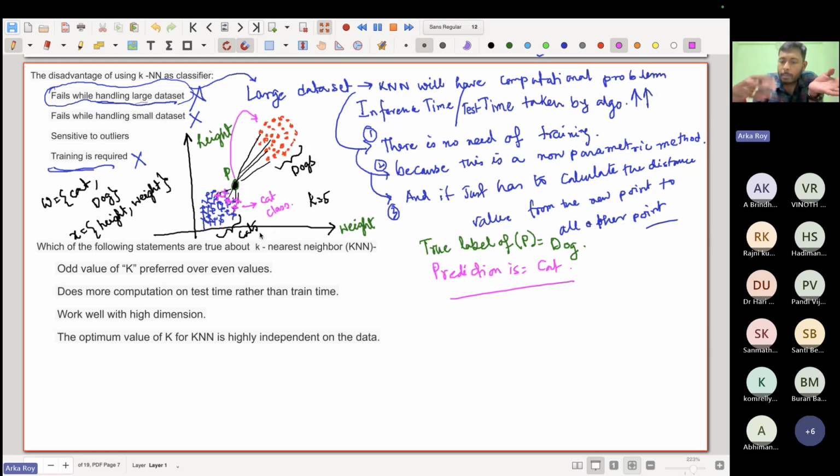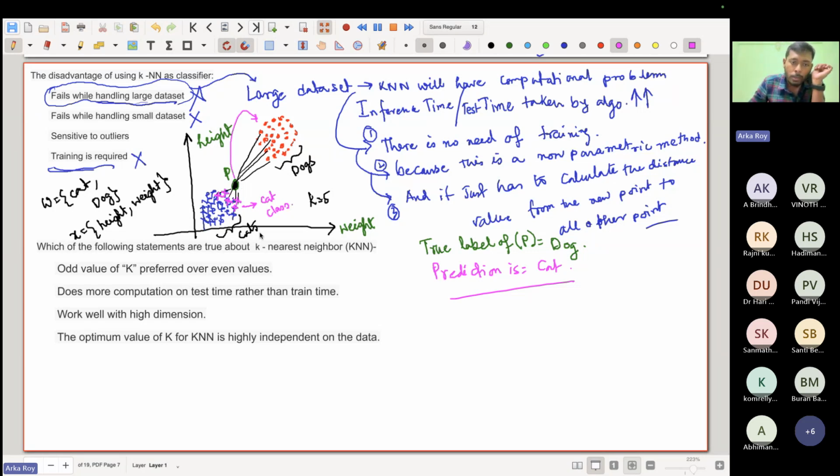So these sorts of data points, which have some notion of misclassifiability, are called outlier points, which can bring misclassification into the inference time or testing time.